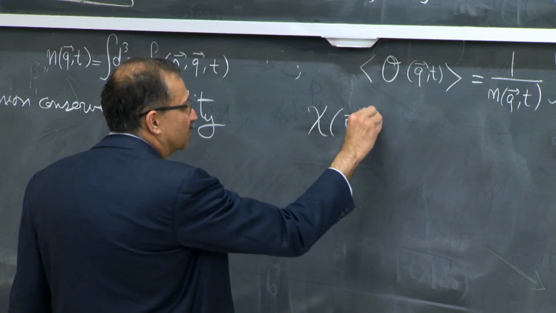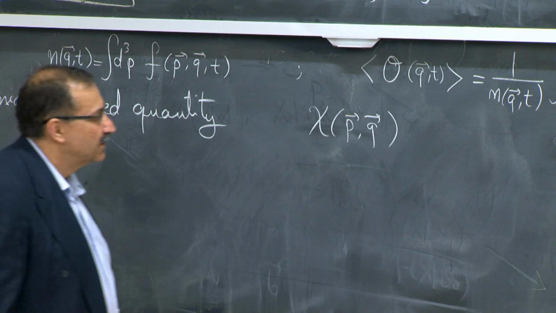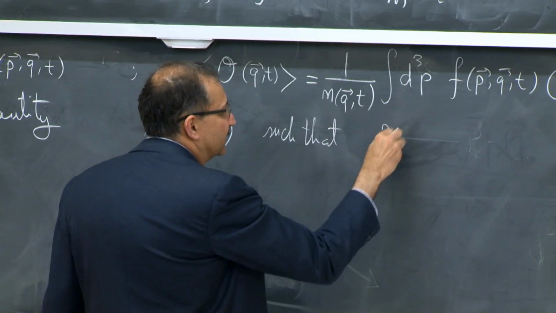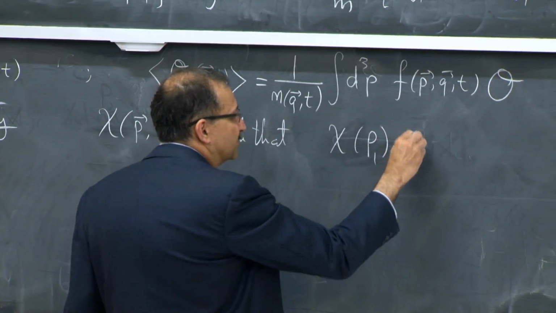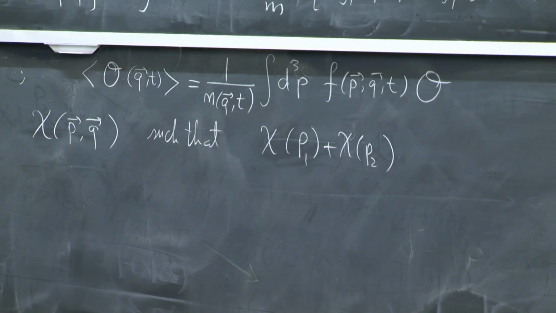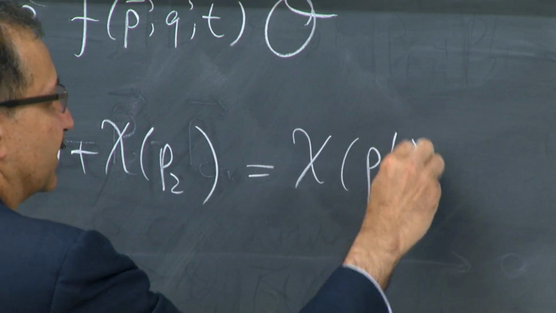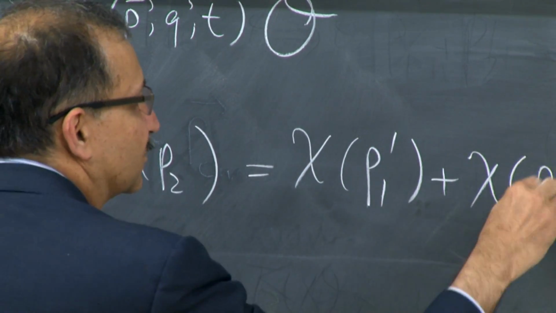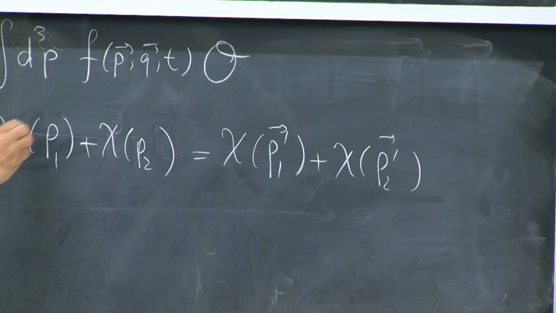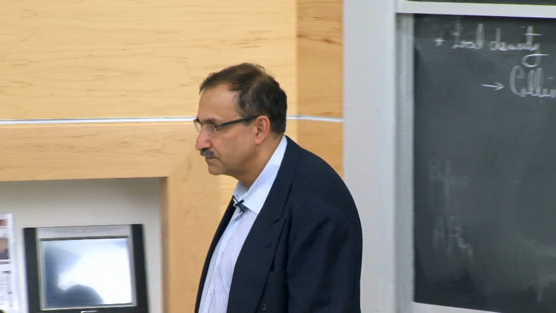I could put Q also, such that when evaluated for P1 plus P2, for any pair of P1s and P2s that I take, is the same thing as when evaluated for functions of P1 and P2 that would correspond to the outcomes of the collision from or giving rise to P1, P2. Okay?